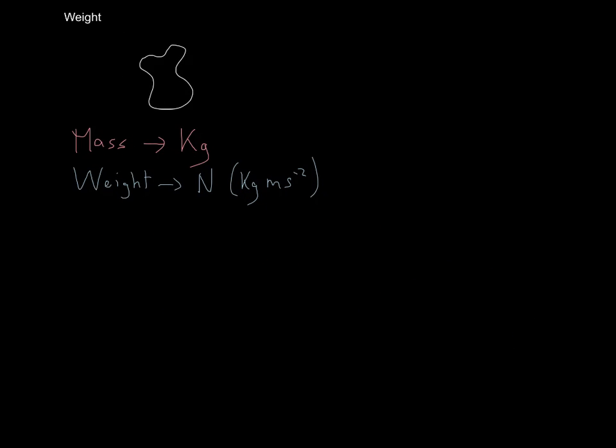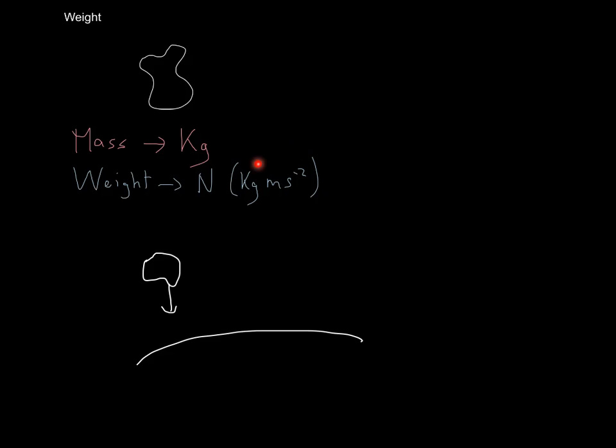Here's the Earth, and the Earth is really massive, so whatever I put in here will receive a force, and this force will depend on how heavy this thing is. And I can give this a number in newtons per kilogram, like how many newtons will I receive per kilogram, and that's called the field strength.